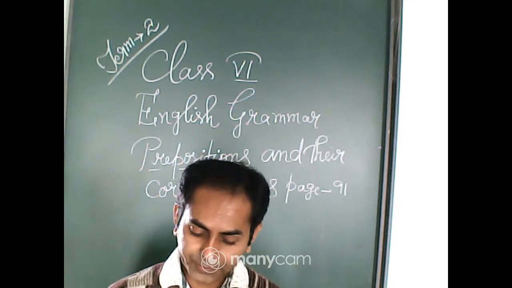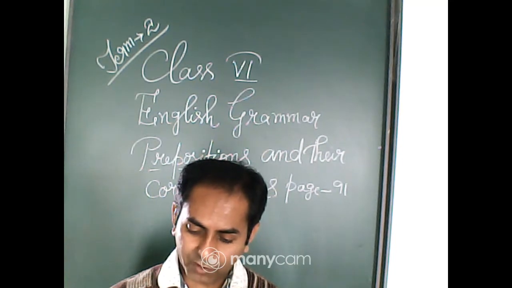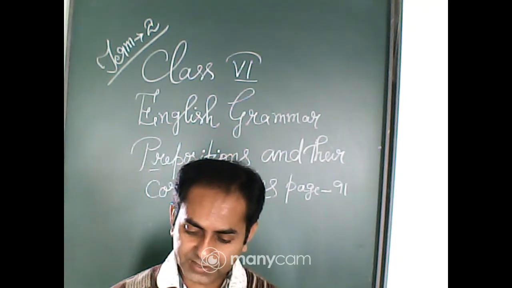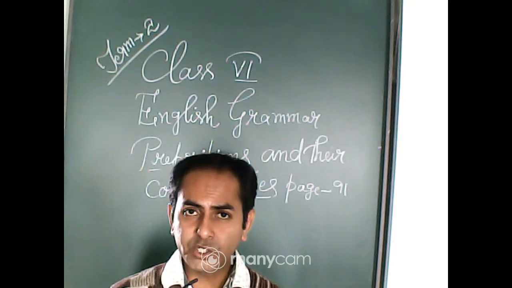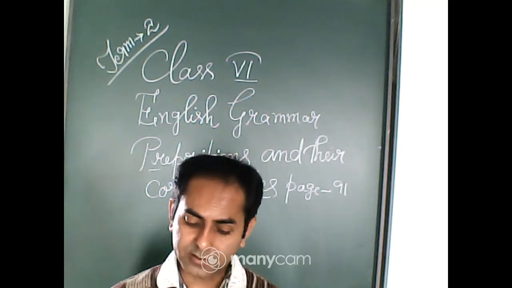So next, examples: in, at, on, between, among, above, across, below, under, beside, by, behind. All these are prepositions of place.